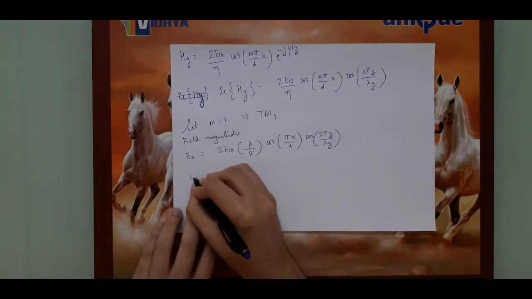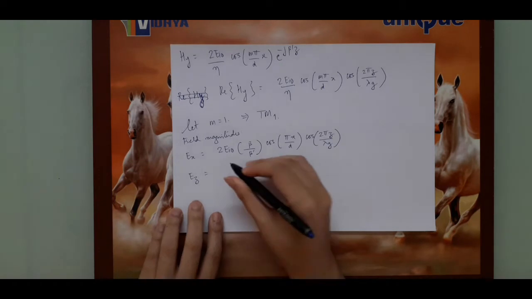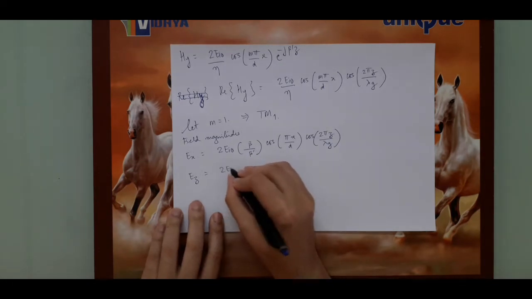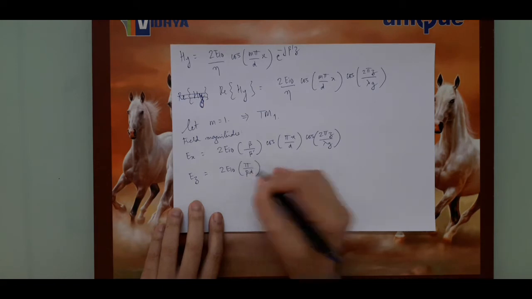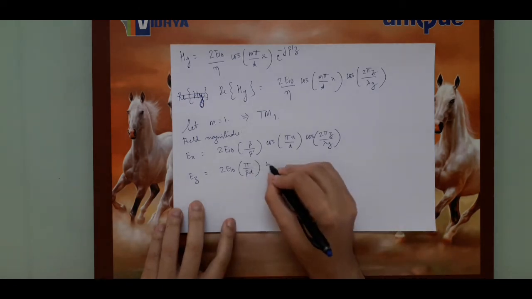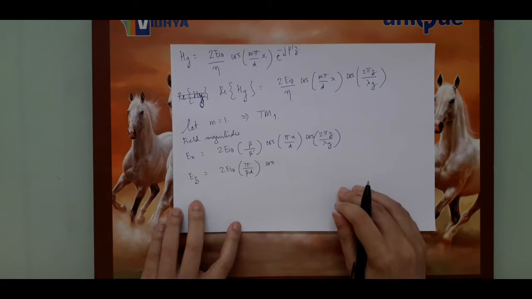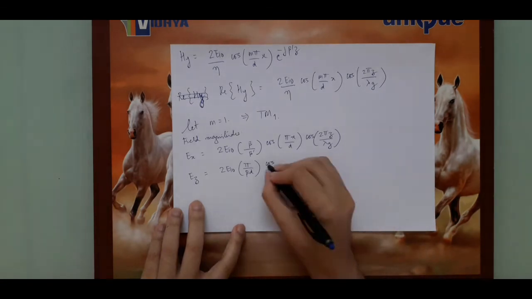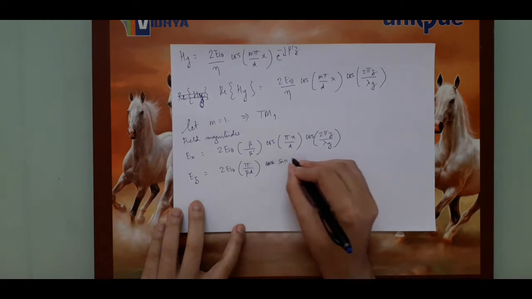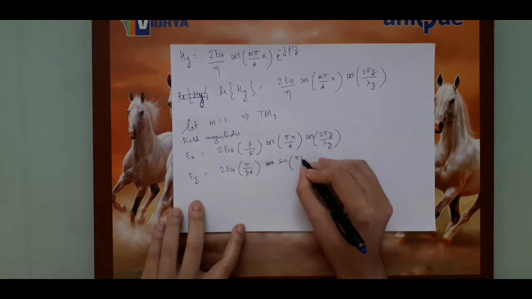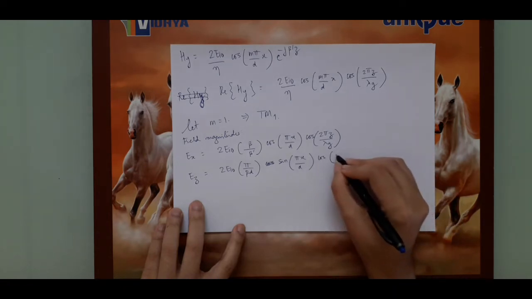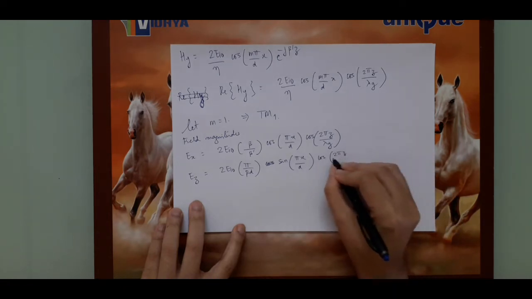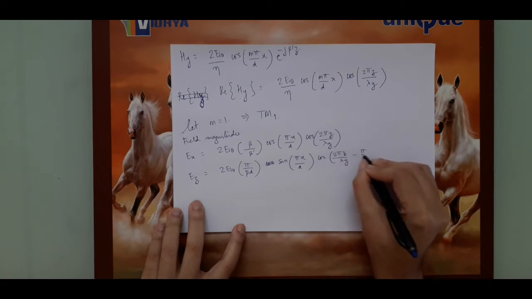Likewise, Ez will be 2 E_i0 pi by beta d, sorry, it will be a sine term, sine pi x by d, cos 2 pi z by lambda g minus pi by 2.